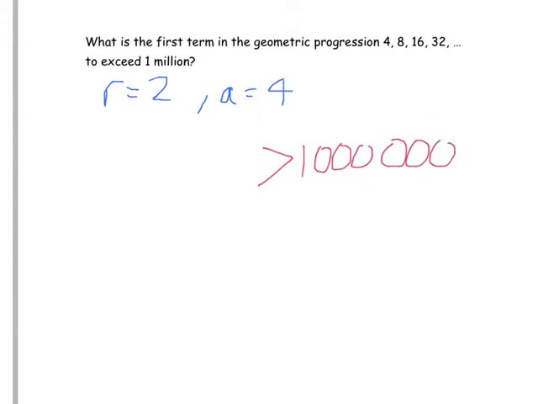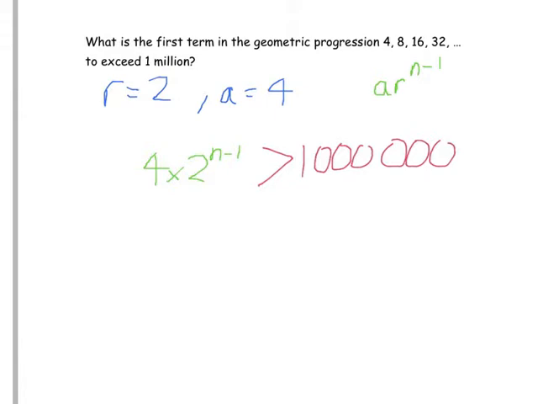The general rule for finding the nth term of a geometric sequence, remember, is the first term times the common ratio to the power of n minus 1. So if we substitute what we know into this equation, a is 4, and we're timesing that by 2 to the power of n minus 1.